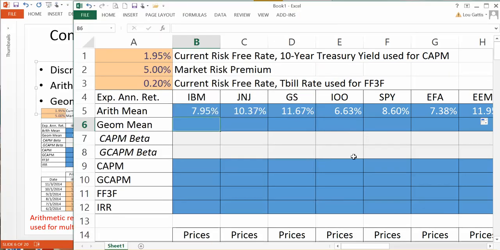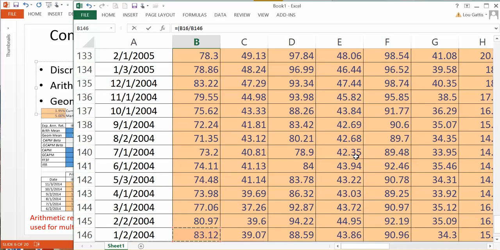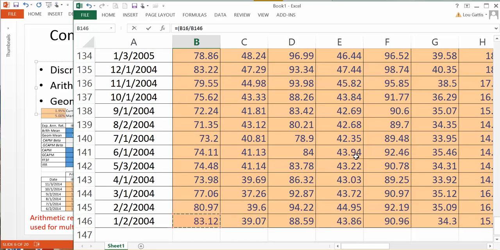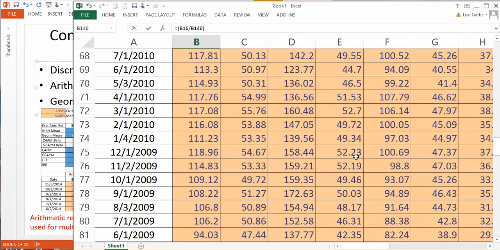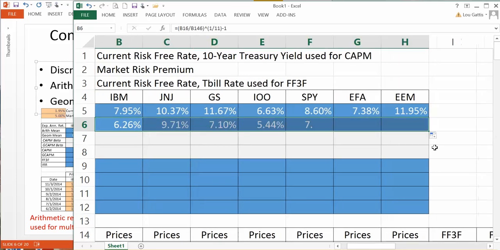So if I take the last price, open paren, last price of 162, divided by the oldest price, $83, I then raise that to the 1 over 11 power and subtract 1. It tells me it had a geometric mean of 626.